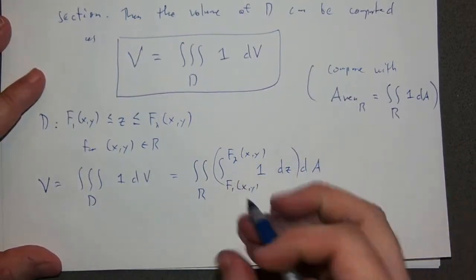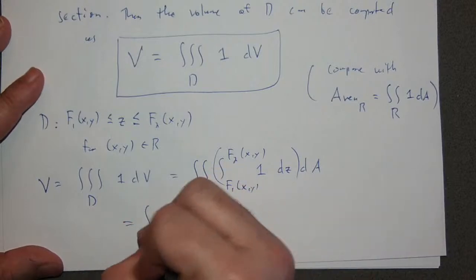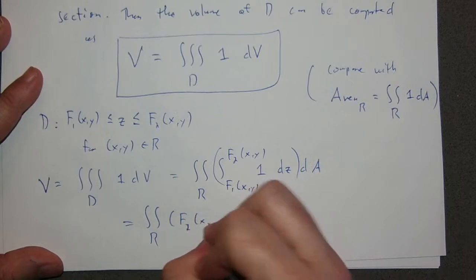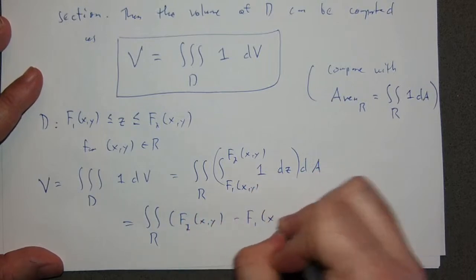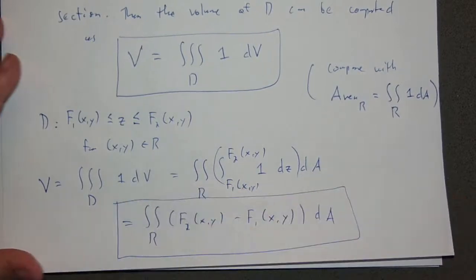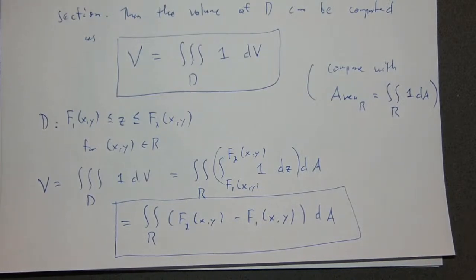Oh, but hey, after I do this evaluation, this is just the double integral over R of big F sub 2 of x, y minus big F sub 1 of x, y dA. And so you obtain an integral formula for computing the volume between two graphs of two variables, in the exact same way that in Calc 1 you computed the area between the graphs of two functions using technically a double integral, but it reduced to a single integral. So it's exactly analogous in this way.